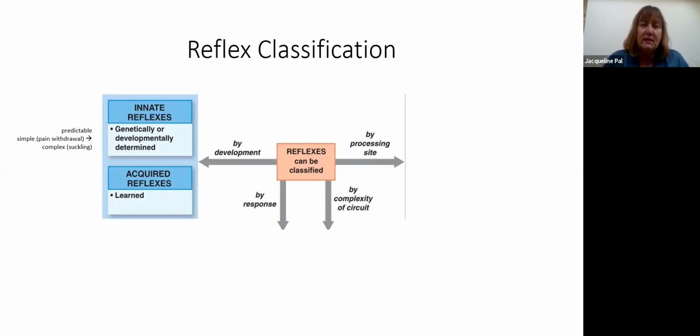In contrast to these innate reflexes, acquired reflexes are those that you are conditioned and you learn to do them. Now, these are also rapid and automatic, just like the innate ones were, but by repetition, you can condition these reflexes.